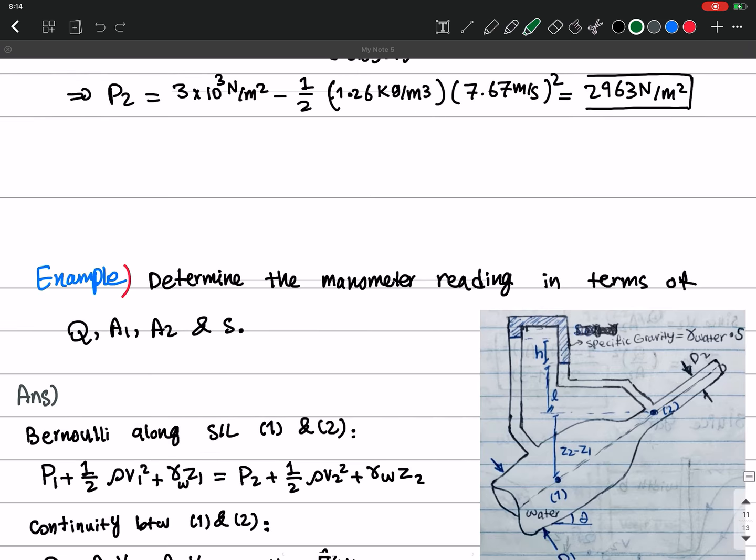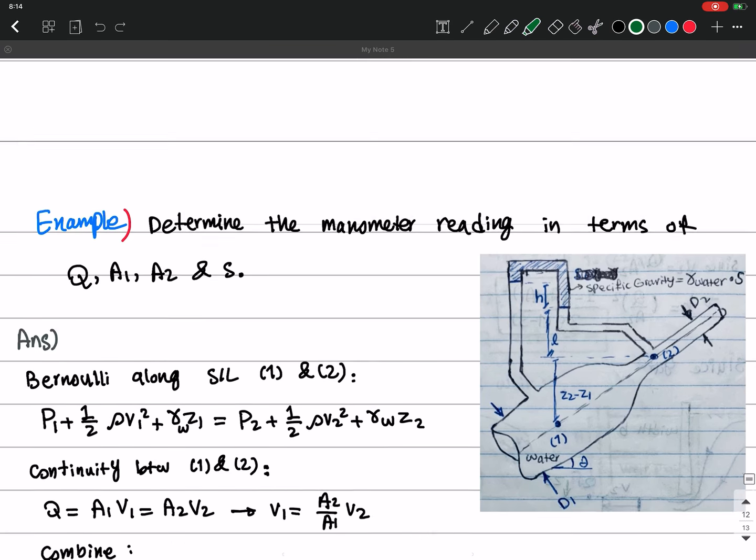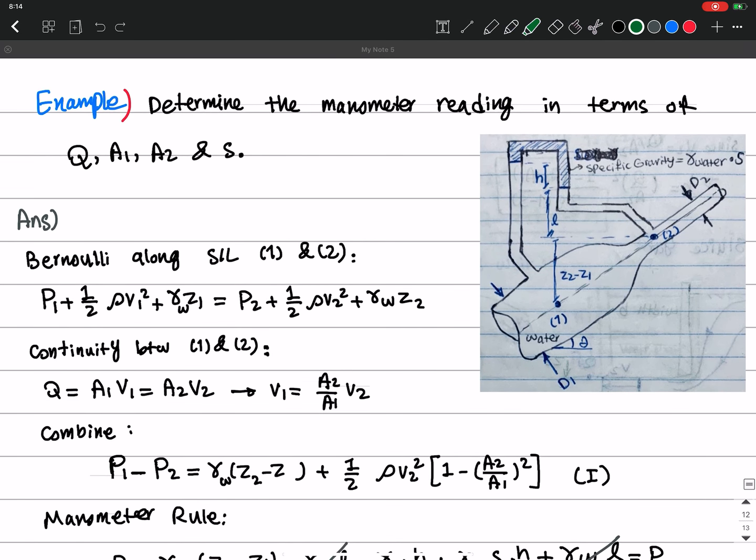In the next example, we had a manometer and we wanted to see what the reading h of this manometer would be. Again, we used the Bernoulli equation between point 1 and 2. This gave us one relation. Then we used the continuity equation between point 1 and 2, and this gave us the second equation.